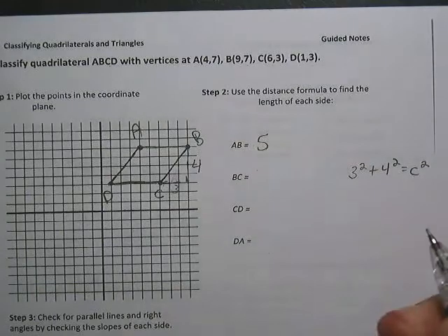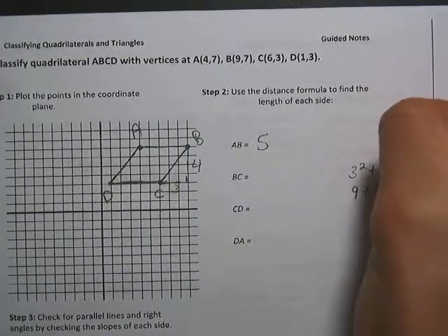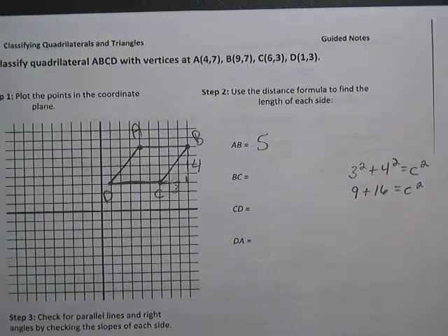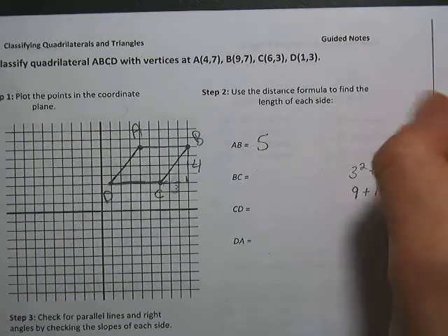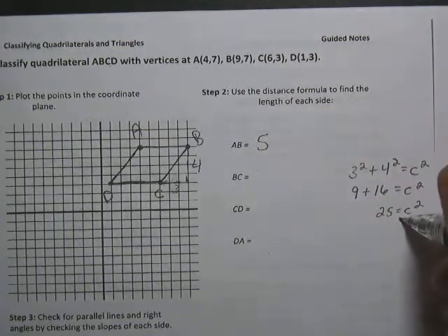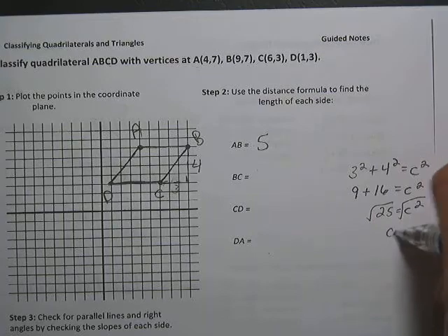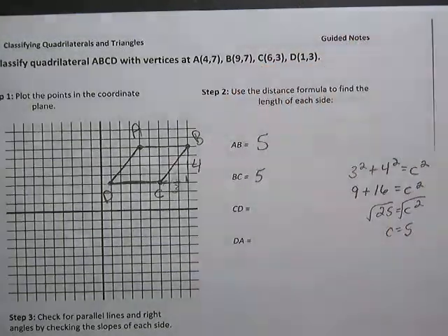This is your c. Then you just simplify. 3 squared is 9, plus 4 squared is 16, and bring down the equals c squared. Then I combine them: 9 plus 16 gives me 25. To get rid of the square, you square root, and so the length of that side would be 5. So BC has a length of 5.